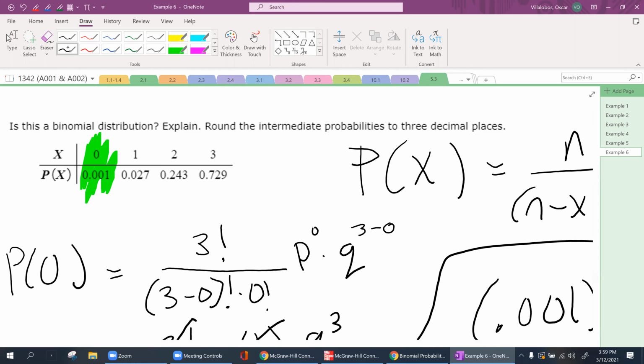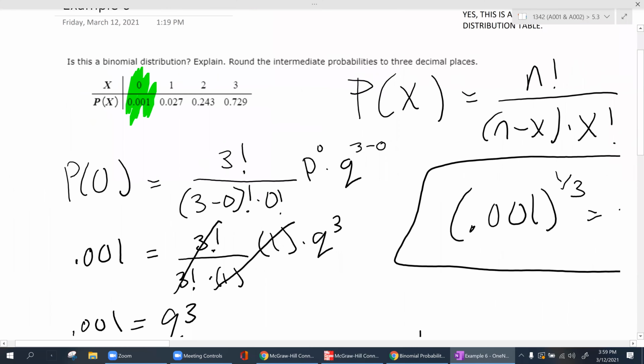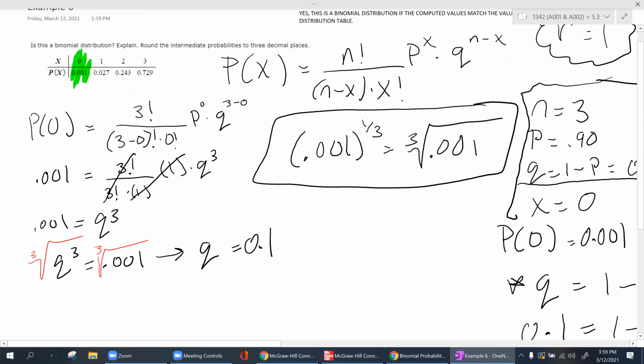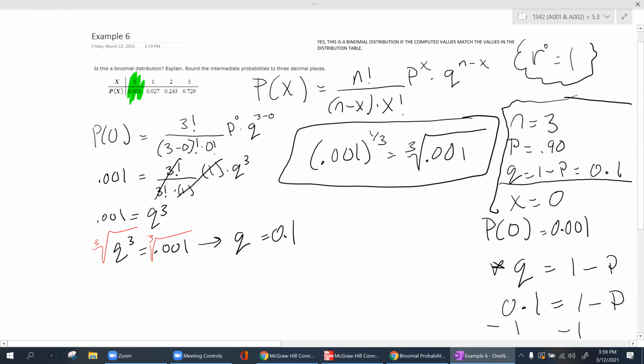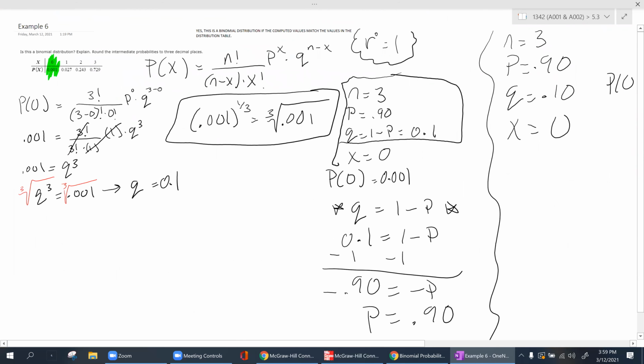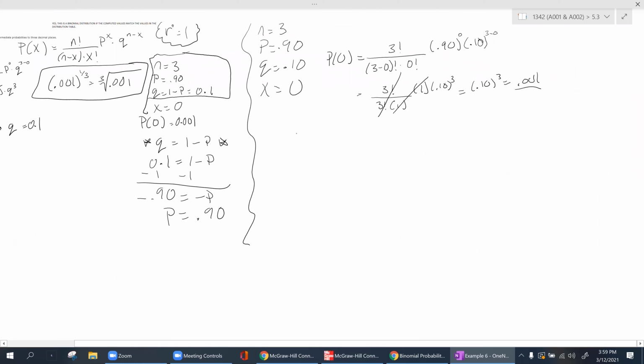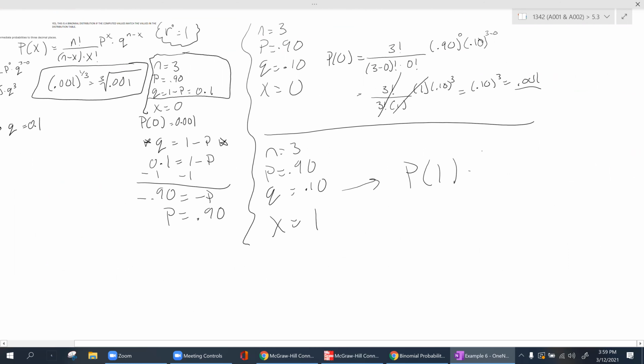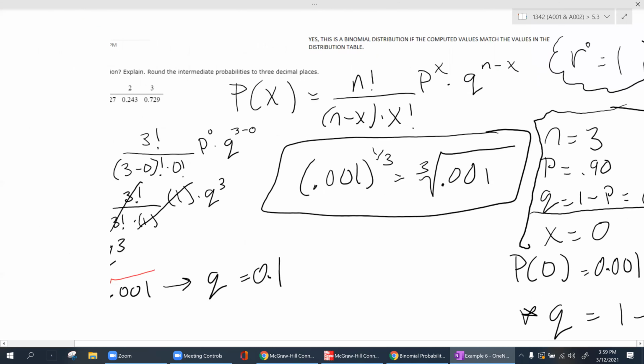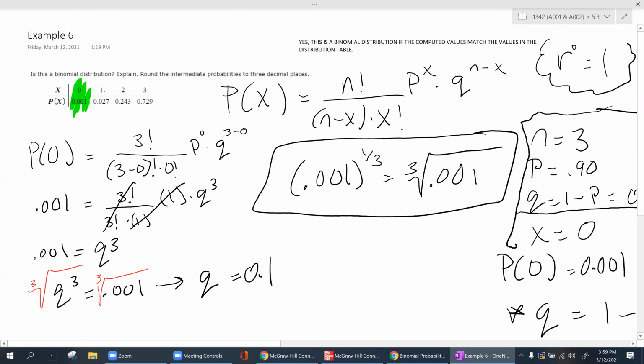What we're going to have to do now is show it for 1, for 2, and for 3. These all must be the same. So what you'll do here is n equals 3, p equals 0.90, q equals 0.10, and x equals 1, and go through the whole process and make sure that your p at 1 matches.